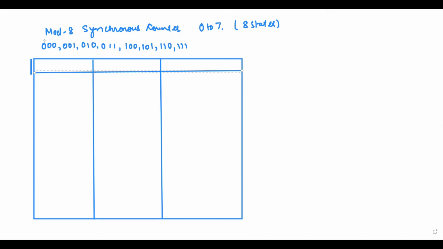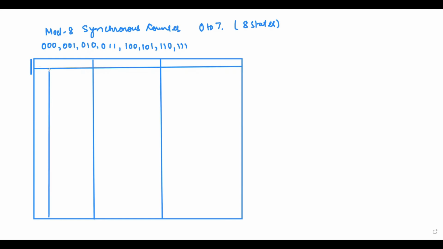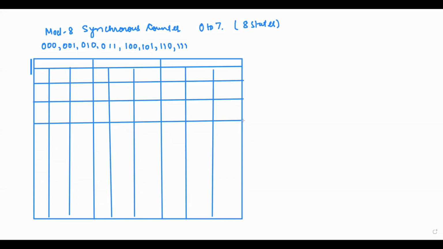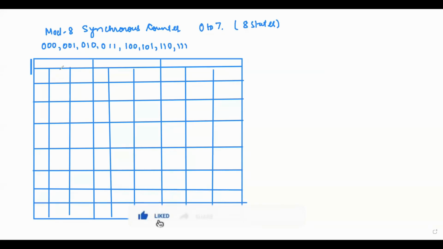Your three states are there, and your first state is like this. This is your first column, which we are going to design in a particular fashion, and your truth table is like this. I will be writing all the sequences.